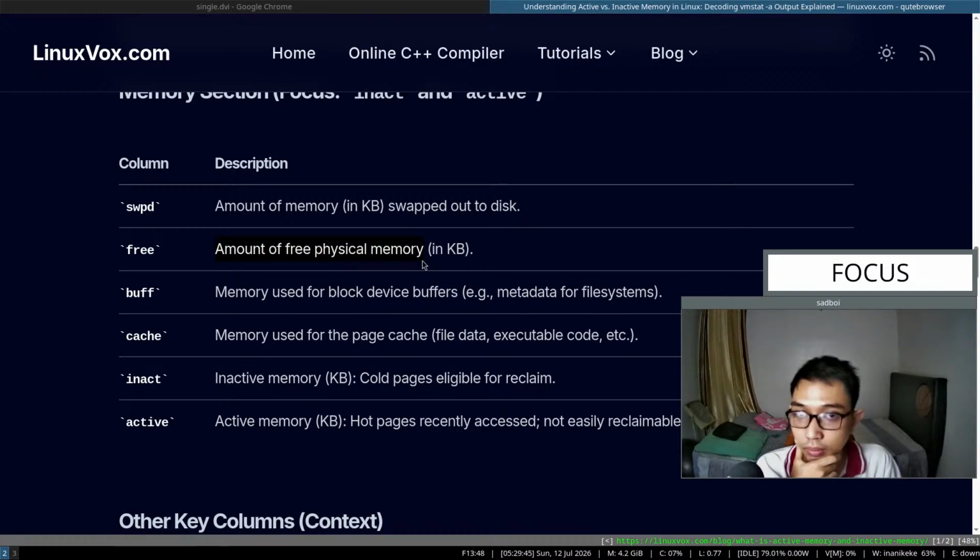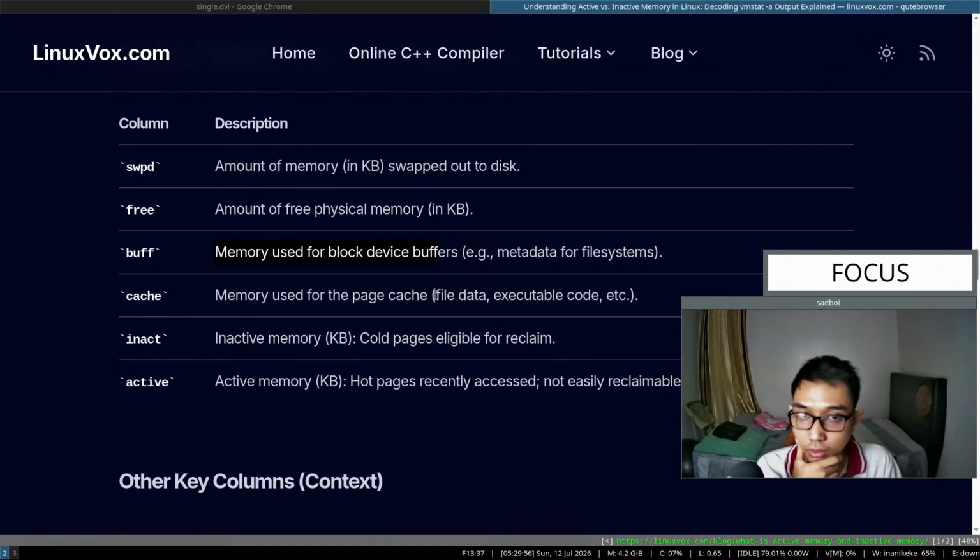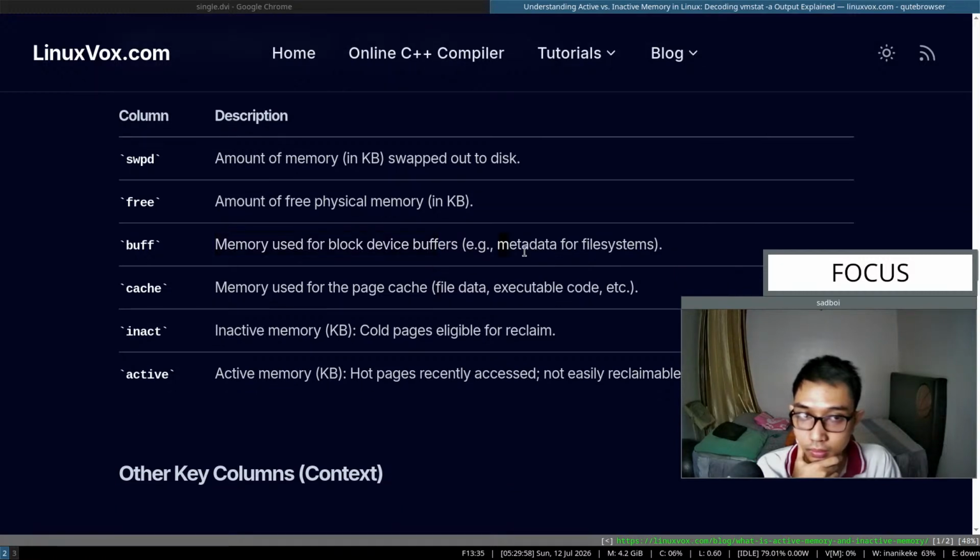Amount of free physical memory, right? Amount of memory swapped out to disk. Okay. Memory used for block device buffers, for example metadata for the file system, and then cache here.